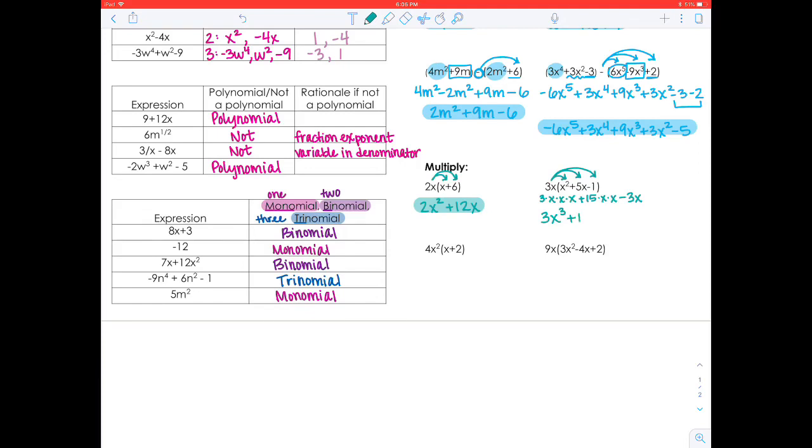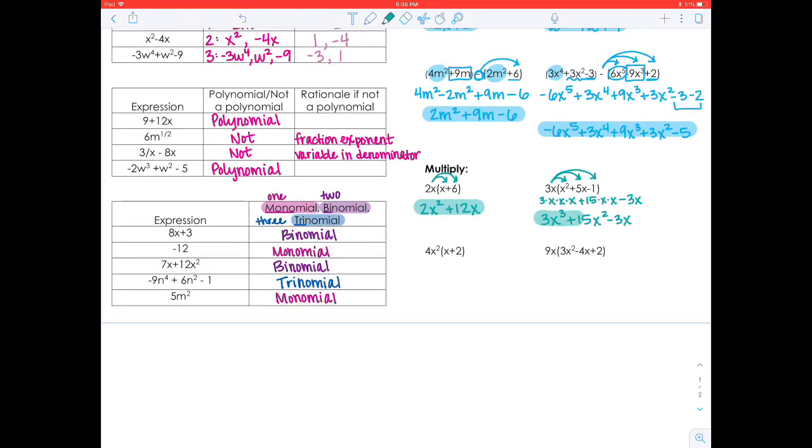Plus 15, and then we're multiplying x twice, x times x, so that's going to be 15x squared. And then minus the 3x. And all those terms are different, so this is as simplified as we can go. Our answer becomes a trinomial.